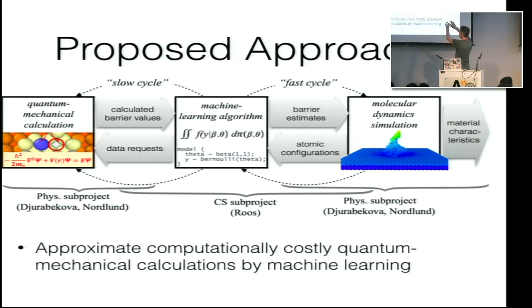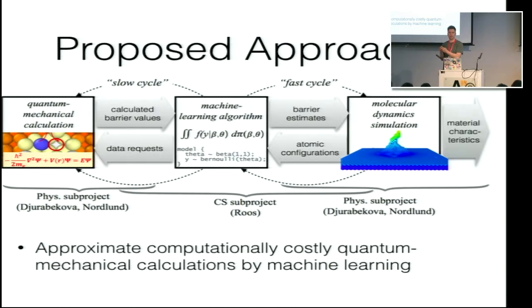Now, otherwise this would be a pretty standard approach. Our idea here is that we'll combine these things. We'll put the machine learning algorithm inside this big simulation, with access to this slow computational procedure. And it will only obtain more data if it is not able to produce good approximations of those barriers.